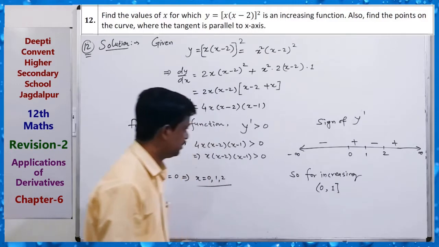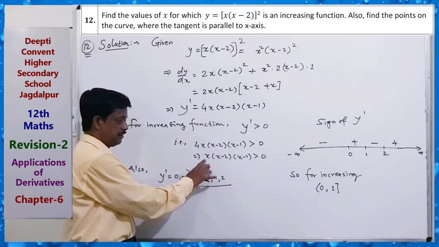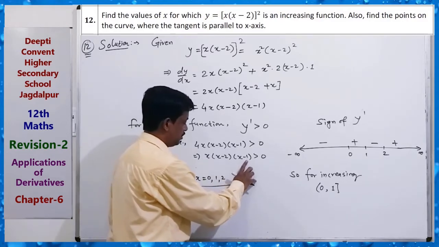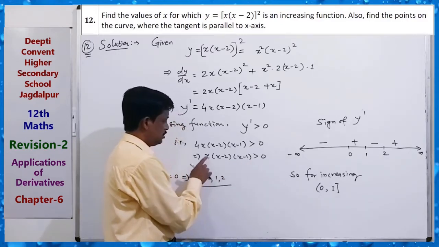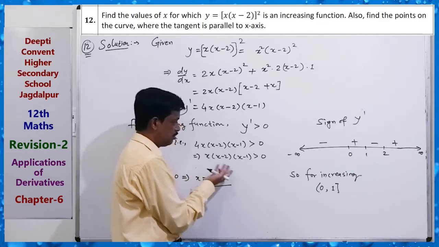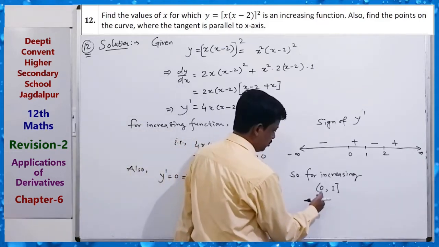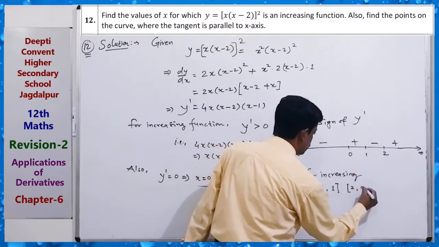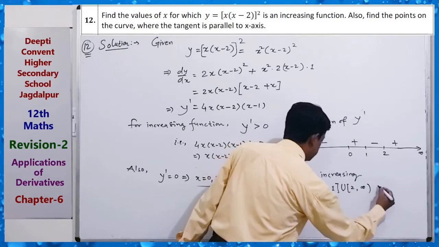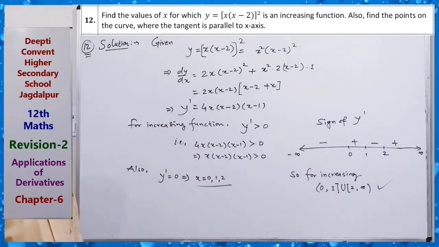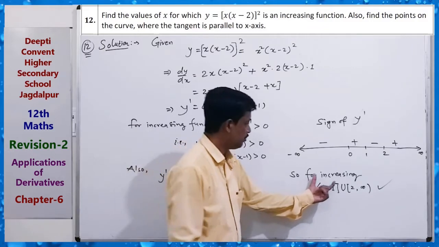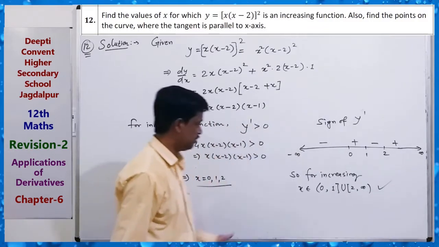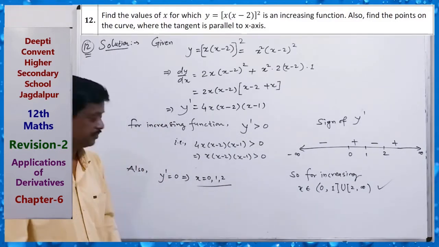Similarly, not 0 here, because at 0 the sign check gives 0 greater than 0, which is false, so it is open. And also 2 to infinity, union of this. These are for the increasing function. X belongs to this interval. Okay, first part done. Second part.